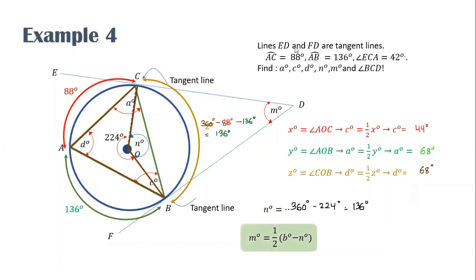Okay, we can find m degrees. m degrees equals a half, open the bracket, 224 degrees minus n degrees, 136 degrees.